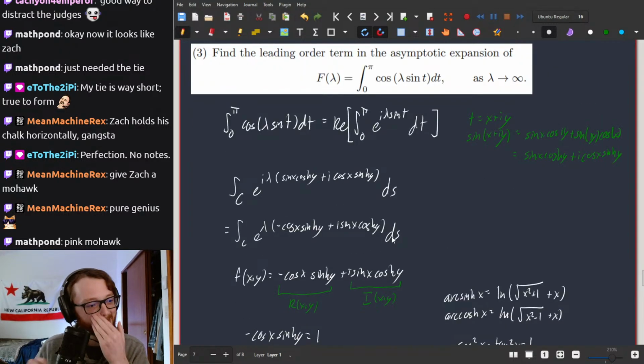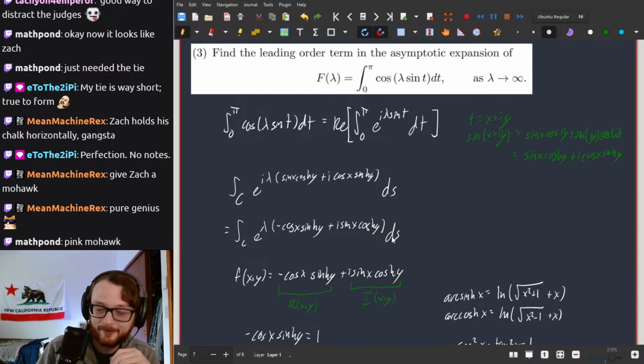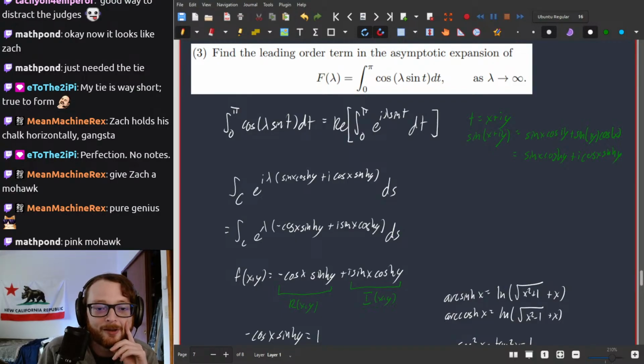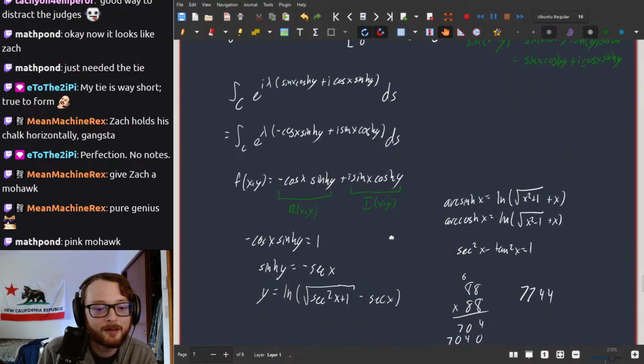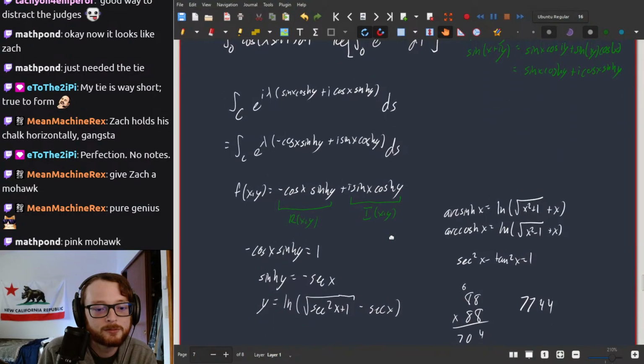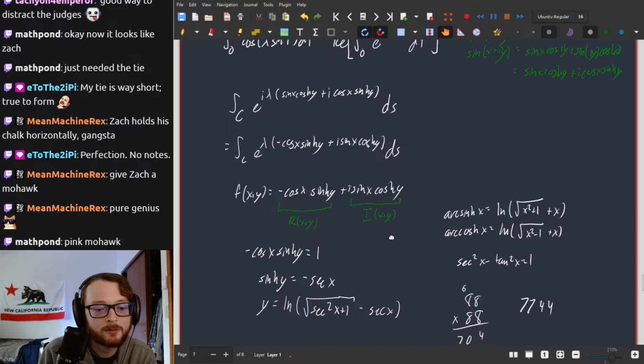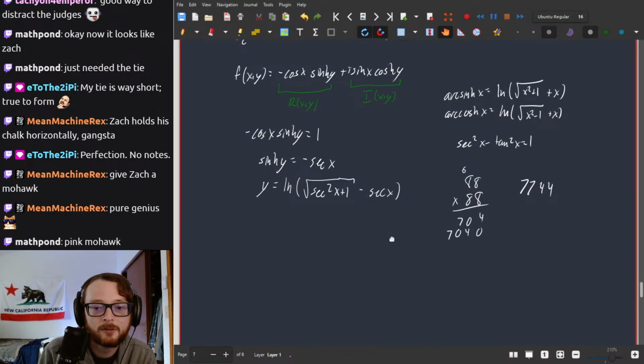Okay. Back to steepest descent, I guess. I think secant squared plus 1, it's not anything as far as the secondary identities are concerned.